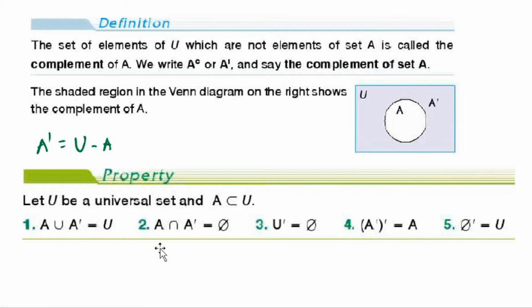Number two, A intersection the complement of A is equal to the empty set. Number three, the complement of the universal set is empty. Number four, the complement of the complement of A is equal to A. And number five, the complement of empty is equal to universal.